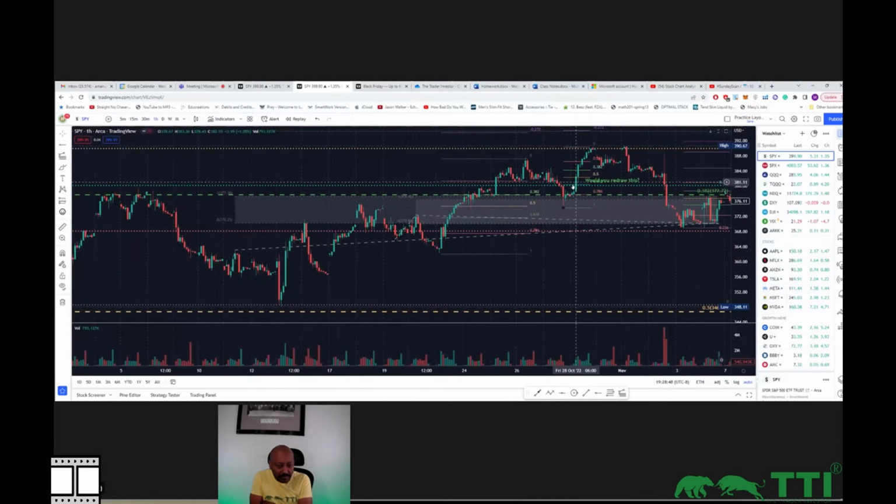This one was also another one. So actually, real quick before we move on from this, obviously right here, I retraced this move and then to the 50%, and then it retraced back and made a new high.